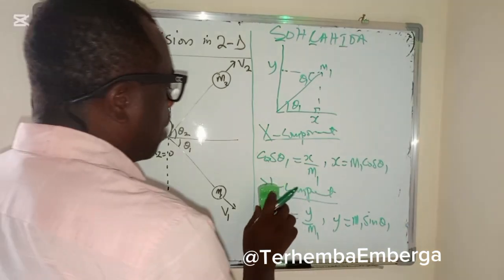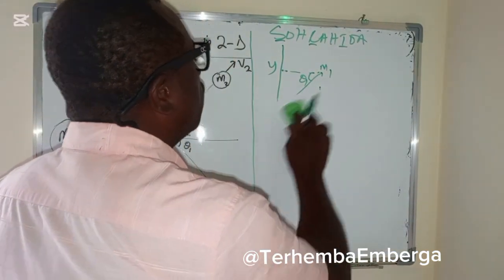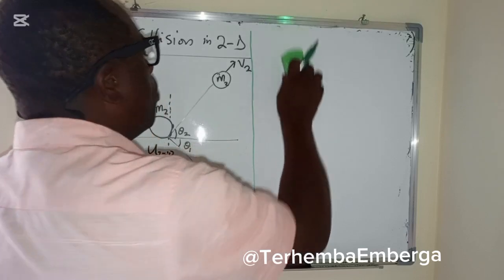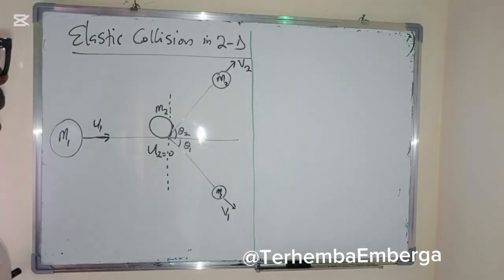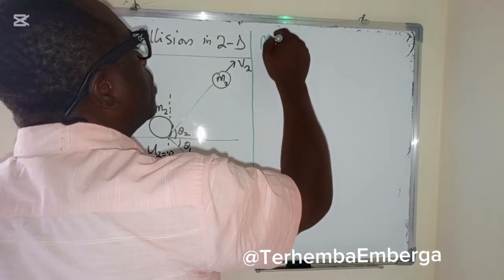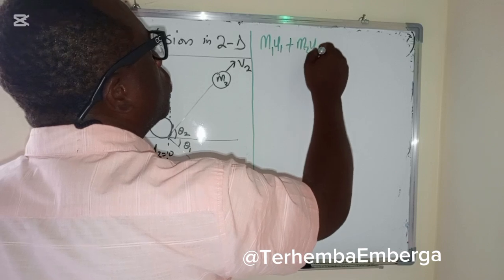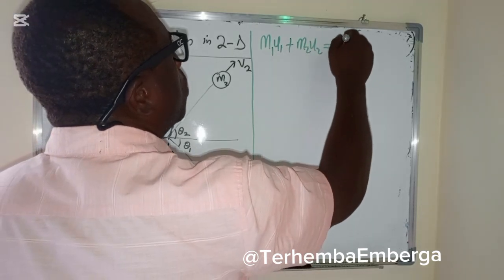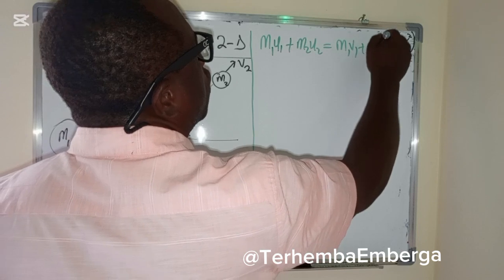So let's apply the principle of conservation of linear momentum here. We can write this as m1 u1 plus m2 u2 equal to m1 v1 plus m2 v2.